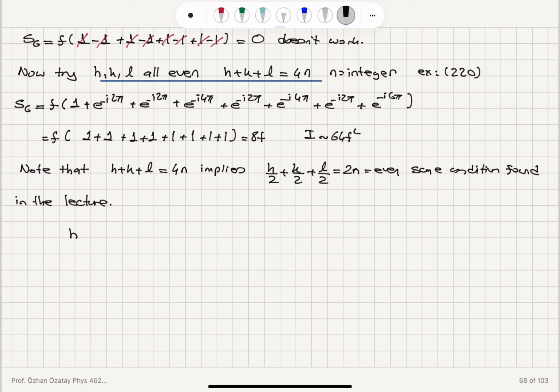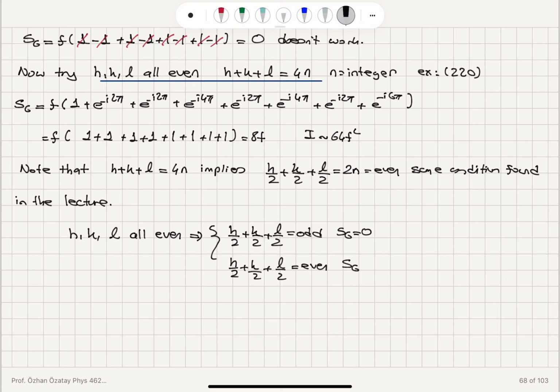So when we have HKL all even, we have two possibilities. H over 2 plus K over 2 plus L over 2 is odd. Then we have no reflections. H over 2 plus K over 2 plus L over 2 is even.